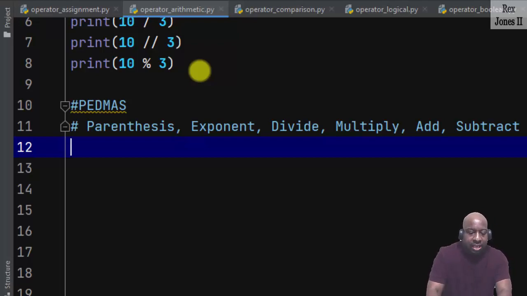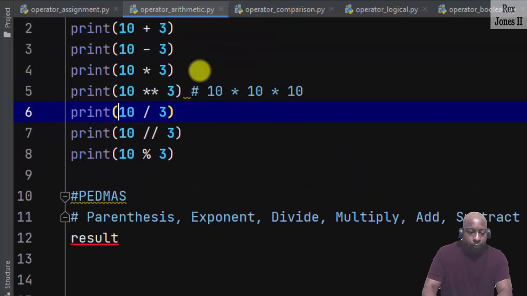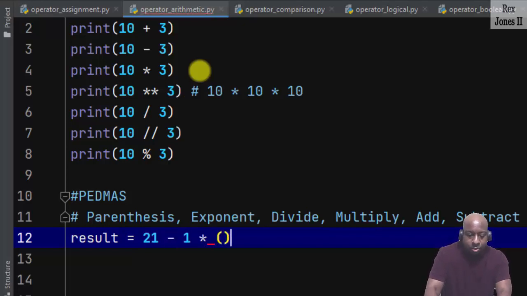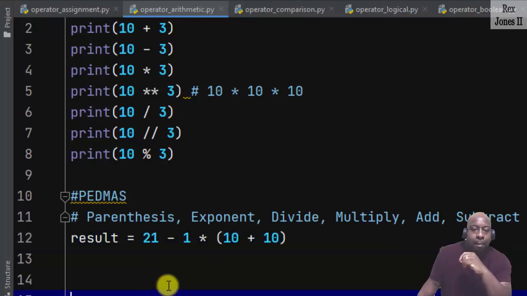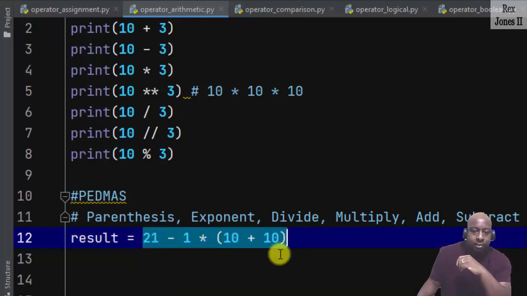For example, let's say result is, what's a good number? 21 minus 1 times 10 plus 10. Looking at this statement, a person might think we solved this problem starting from left to right.